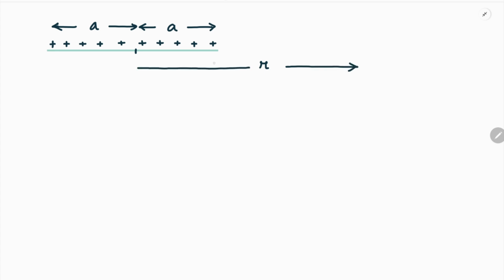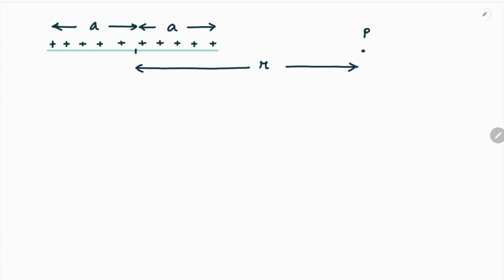Now this rod is uniformly charged, having length 2a. So this part of the rod is of length a, this part of the rod is of length a, and we are asked to calculate electric field at a distance r from the center of the rod, say at this point which we regard as P.